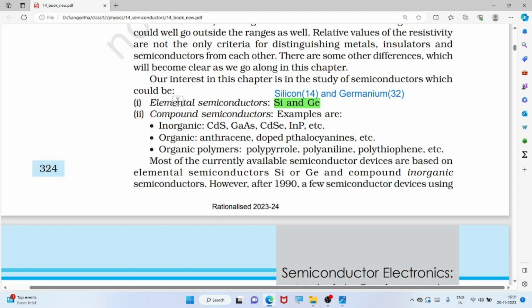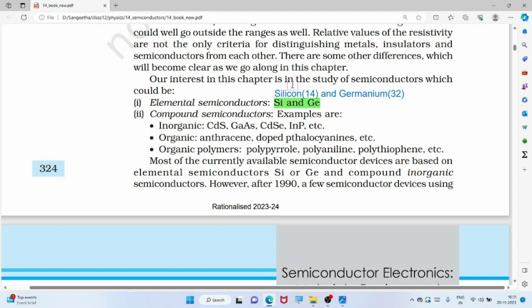So the elemental semiconductors are silicon and germanium. Silicon atomic number 14, germanium atomic number 32. Both have 4 valence electrons. Only the outer orbit is different.